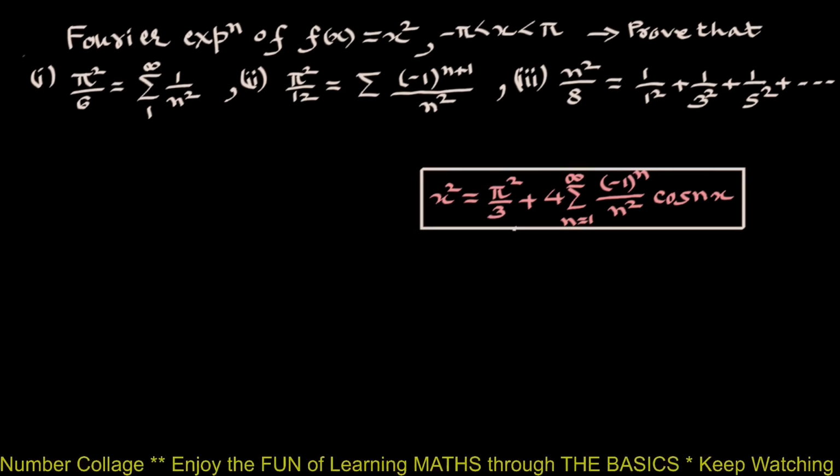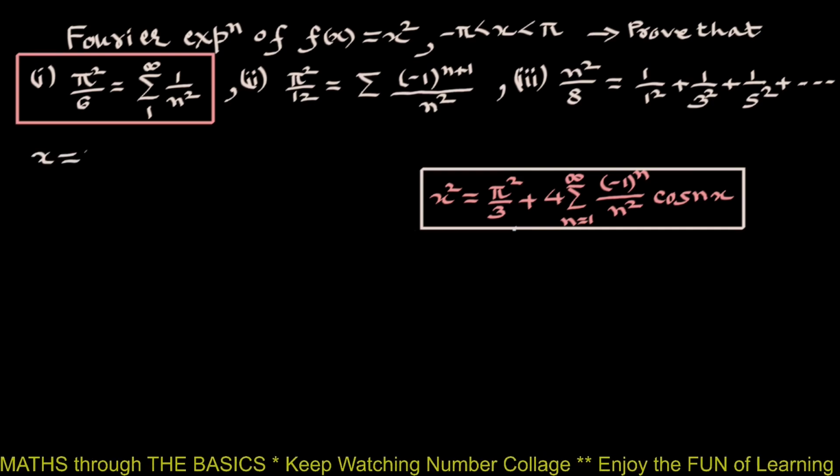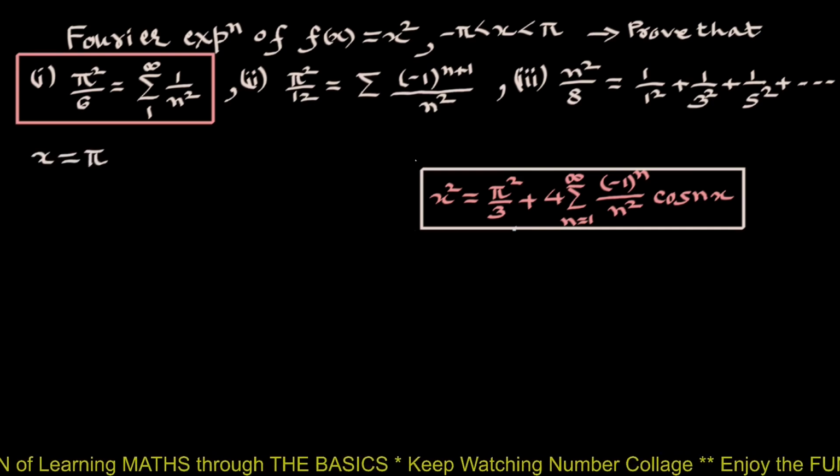For deducing this first result, we will substitute x equals pi in this Fourier expansion of x square.